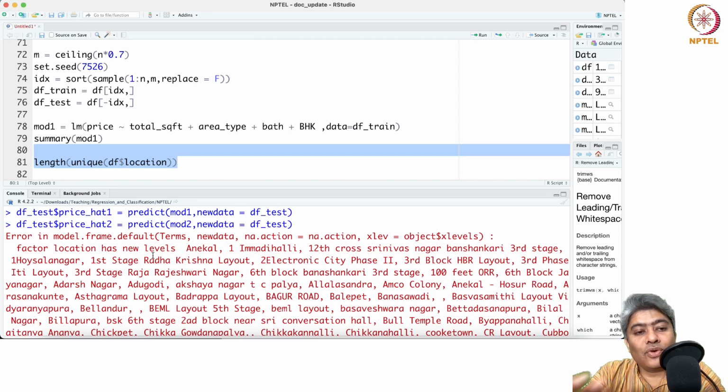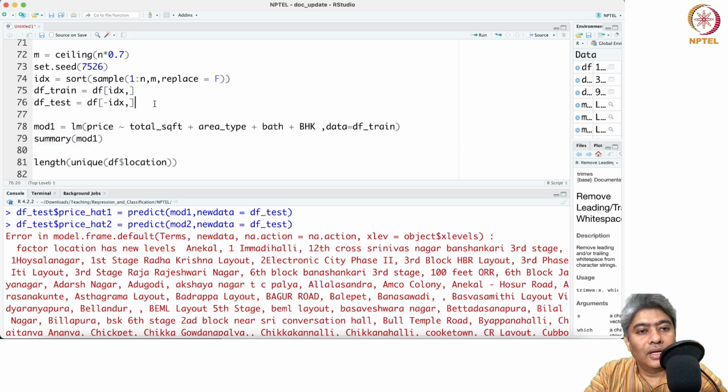The test data set has new levels which are not available in the training data set. So we have to split the data in such a way that all 1306 locations are split 70-30, and each location has a representative share of samples in the training data set. Do you understand?